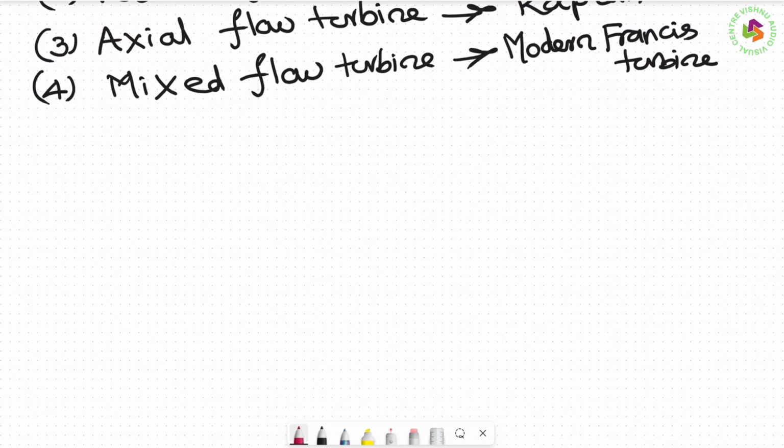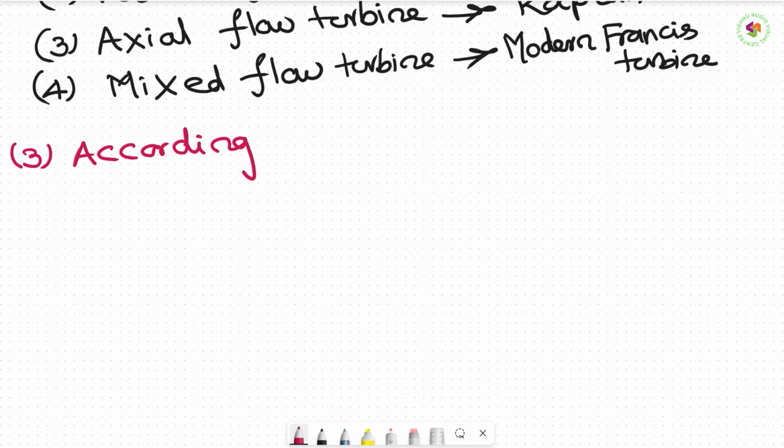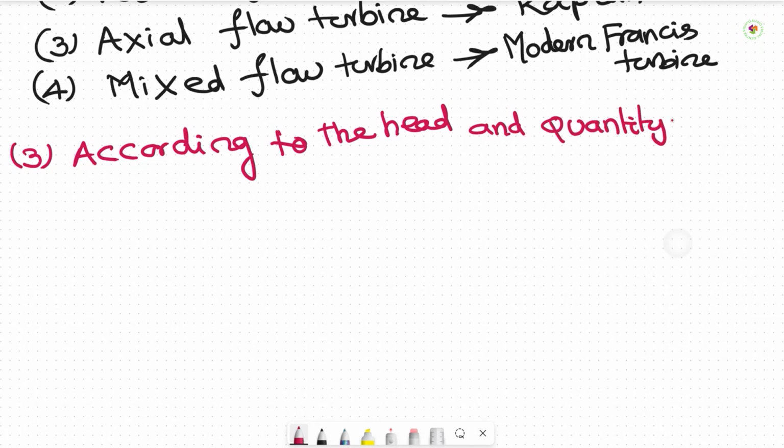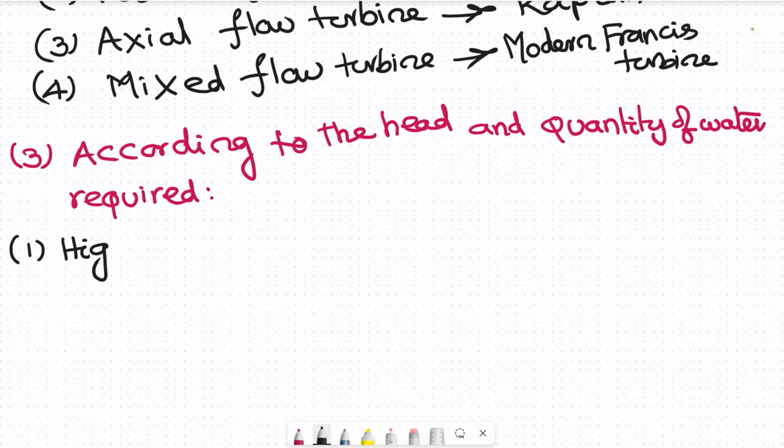I will go into the third classification, according to the head and quantity of water required. Number one, high head turbine.